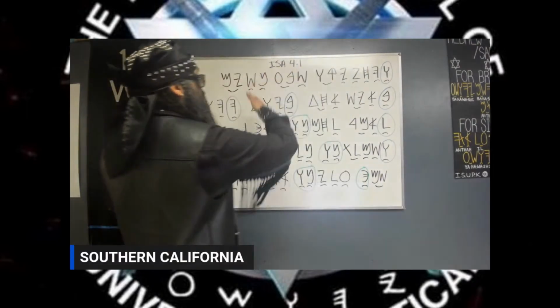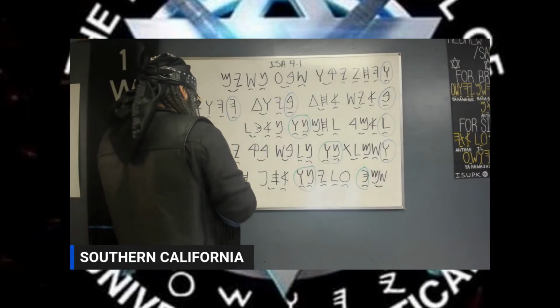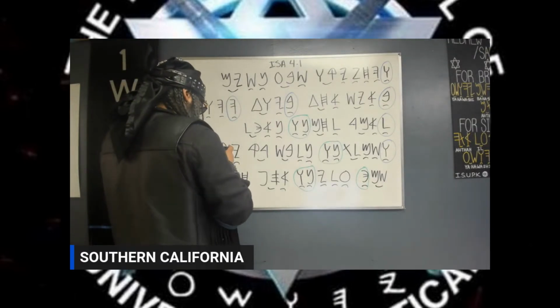Right, so why do I circle these characters here? Because, so lock it.